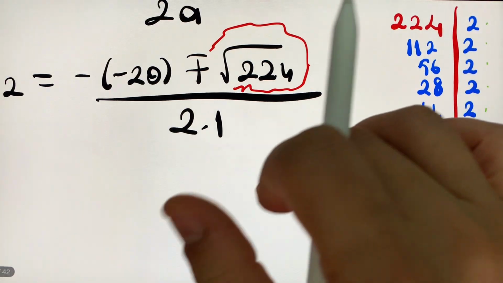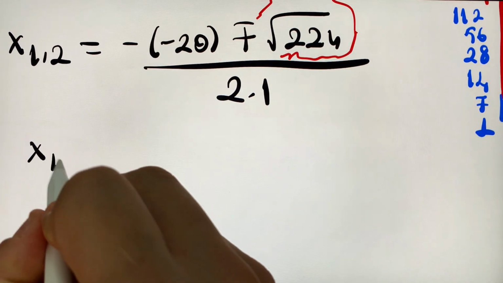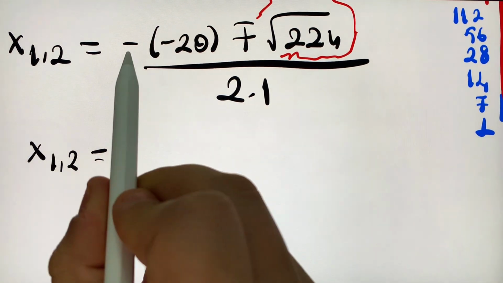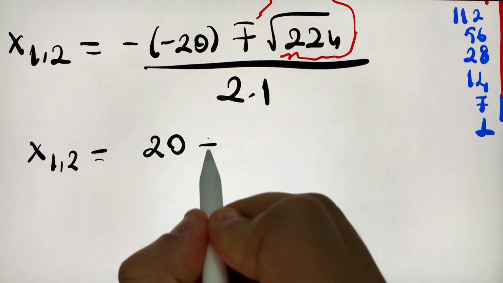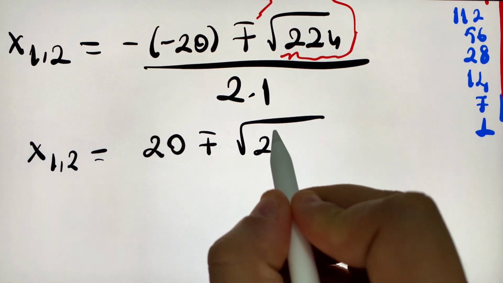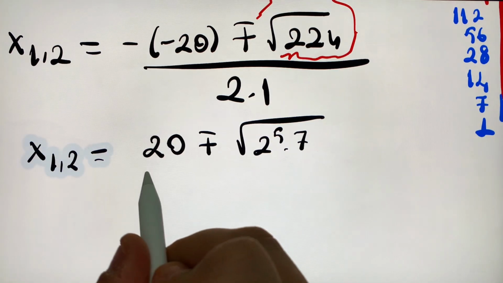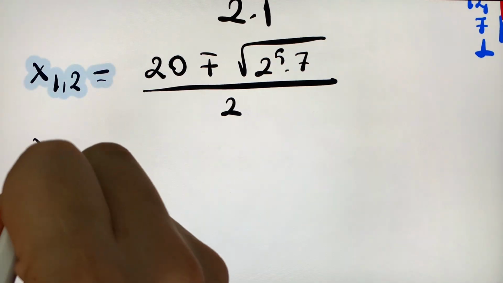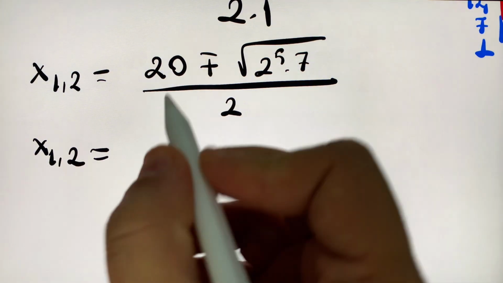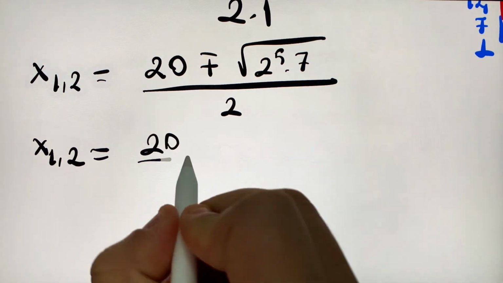Written in the root, x1,2 is equal to, minus minus turns into plus, 20 plus minus root of 2 to the 5th times 7, divided by 2. I continued: x1,2 is equal to 20 divided by 2 plus minus 1.